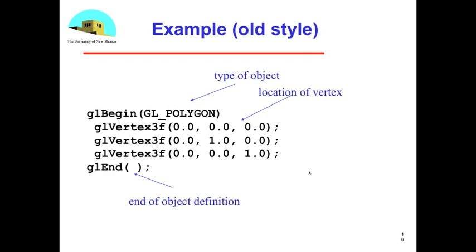What would happen in an older, pre-shader-based system is this would simply be the definition, and it would flow right through the system. In fact, as soon as you define this vertex, it would go flowing down the pipeline. This one, and glEnd would say, okay, that's for primitive assembly. Now I can assemble these into an object, but it's what's called immediate mode graphics, which we'll come back to.